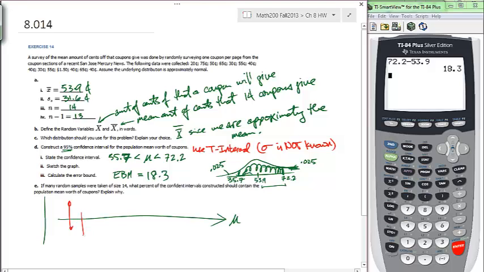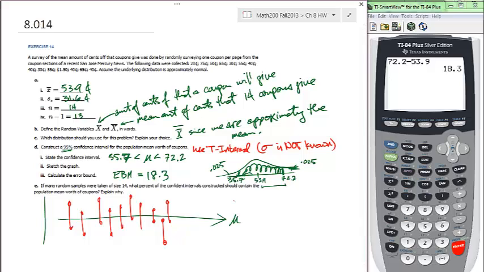We select another confidence interval and then another confidence interval, and you can see that most of these confidence intervals will actually capture the mean. And maybe one of them does not, out of a whole bunch. And so this particular question is, out of all these samples of size 14, what percent of confidence intervals constructed should contain the actual population mean worth of coupons?